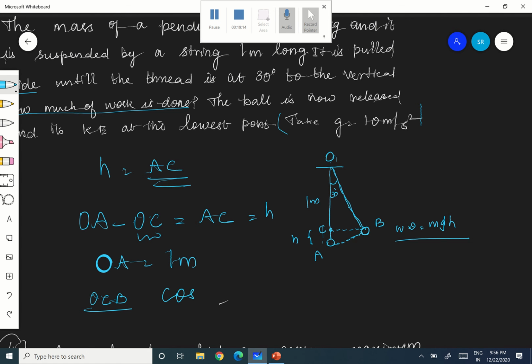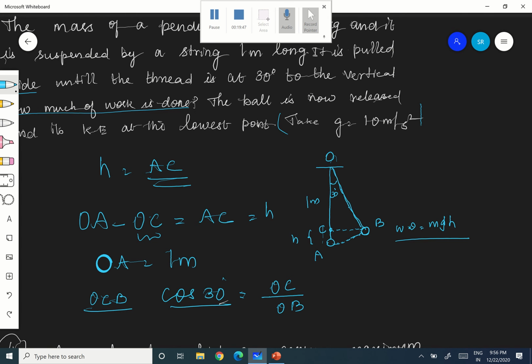For finding OC, the angle is given. Therefore, write cos theta, cos 30. Cos 30 is nothing but, sorry, it is not opposite, it is adjacent divided by hypotenuse.